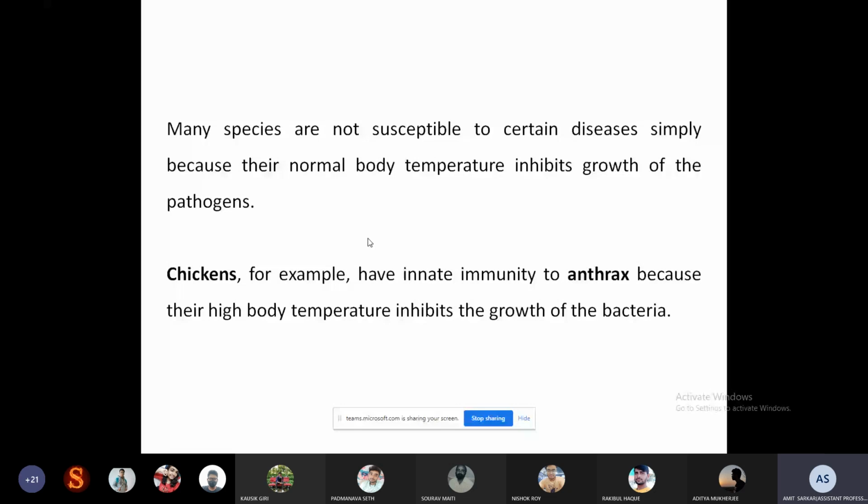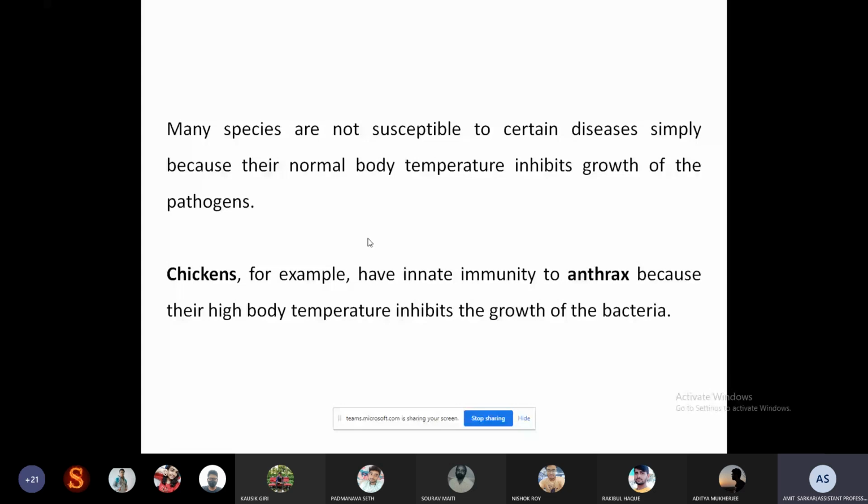There are several bacteria that do not like 37 degrees centigrade, which is the normal body temperature of a human being, 98.5 degrees Fahrenheit. Those bacteria that cannot survive at 37 degrees centigrade will not be able to infect us. So we are protected from them.